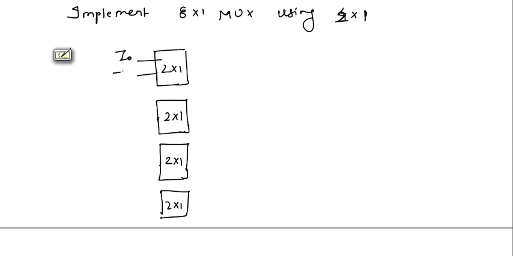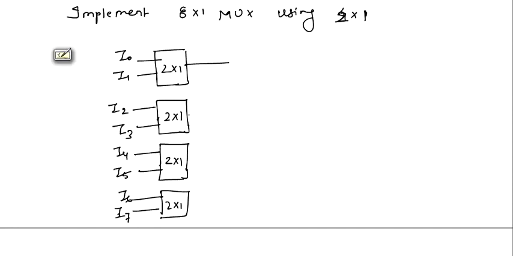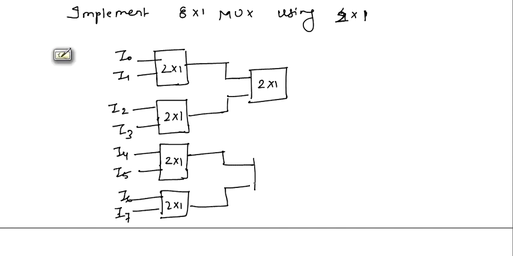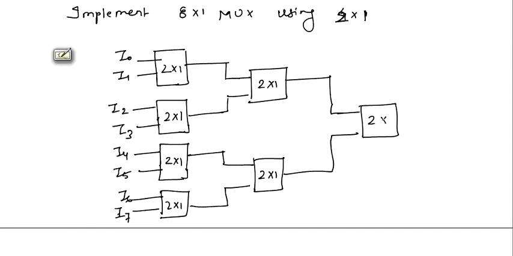This will be I0, I1, I2, I3, I4, I5, I6, I7. Now the output of these multiplexers will be given to another 2:1 multiplexer in the next level, and finally the output of these two multiplexers will be given to another multiplexer. It will generate output Y.